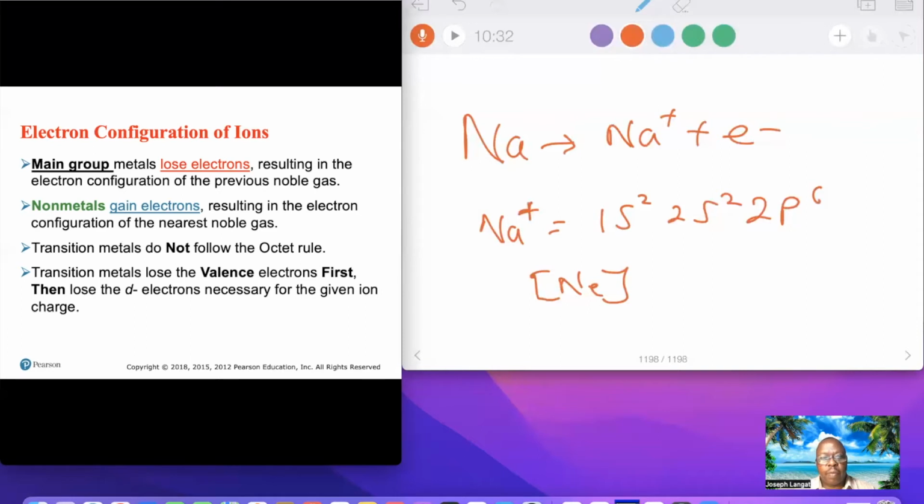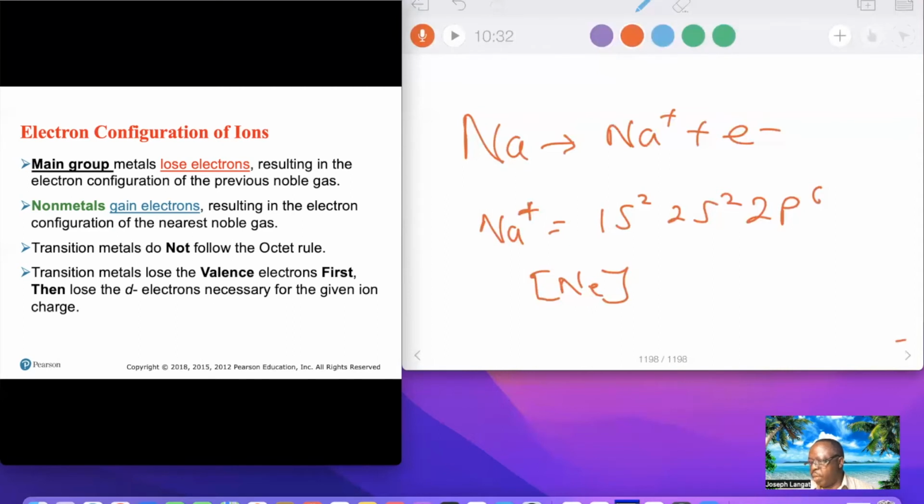Aluminum will lose 3 valence electrons. Magnesium, group 2, will lose 2 valence electrons. Main group elements lose their valence electrons, and we look at the Lewis dot symbol for elements to identify the valence electrons. Non-metals gain electrons.